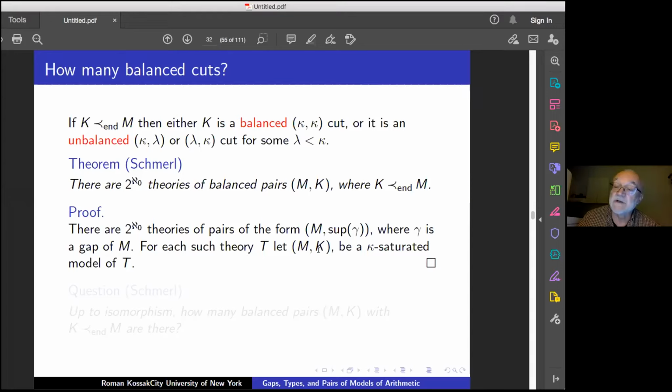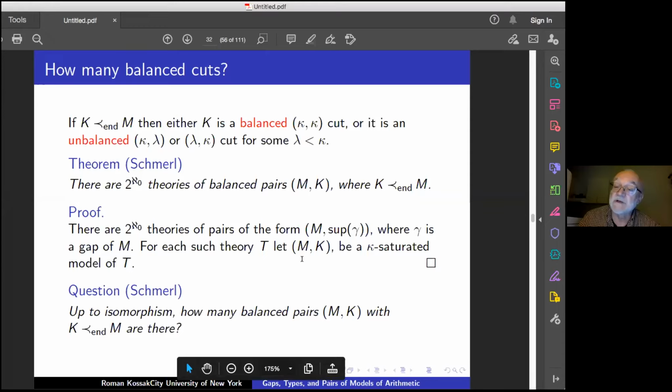And so Jim solved almost everything about the saturated case, but something that remains open is somewhat intriguing. Look, kappa can be large. This can be an immensely large cardinal. We get non-isomorphic pairs because we get non-elementarily equivalent pairs, and the maximum you can get this way is continuum many.